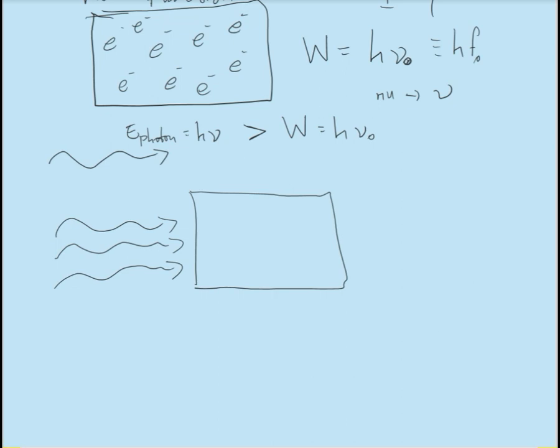You can just imagine that more and more energy is accumulating inside here, and then eventually there'll be enough to start ejecting the electrons. So this is what people were thinking about at the time. Almost like heating up a surface. You heat it up to a certain point, and once it's hot enough, it will do something. So this is what was understood in the classical way.